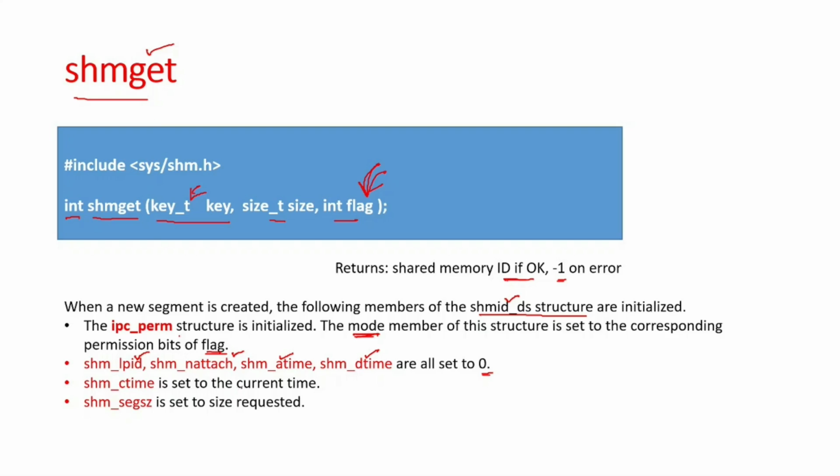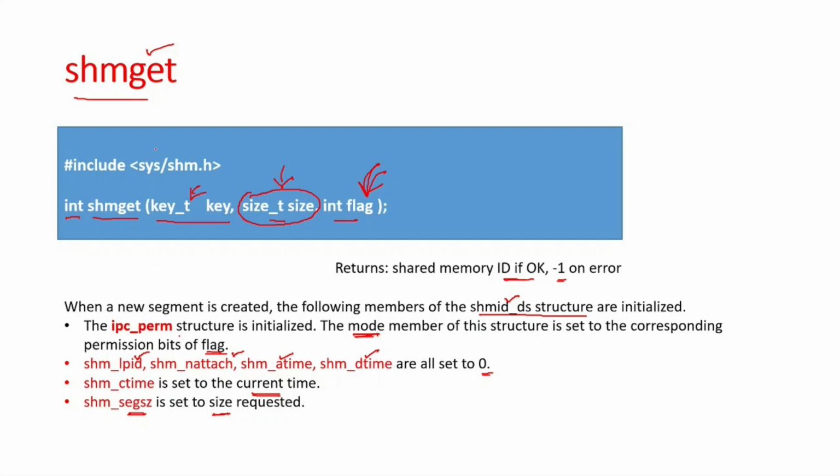This is when the segment is created. The change time is set to the current time when the function was called, and the size of the segment is set to the size that is requested as the second parameter. So the size of the shared memory is whatever is requested and passed as the second parameter to the shmget function.